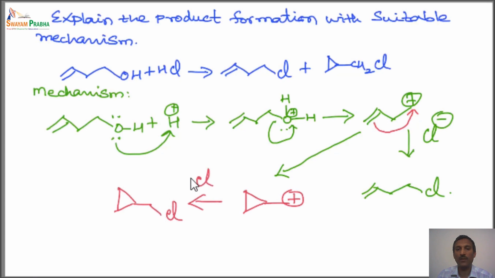So Cl minus adds to the carbocation and produces the cyclopropyl derivative. This way we know the neighboring group, the pi double bond, participated in the reaction. So this is an example of neighboring group participation in stabilizing the carbocation.